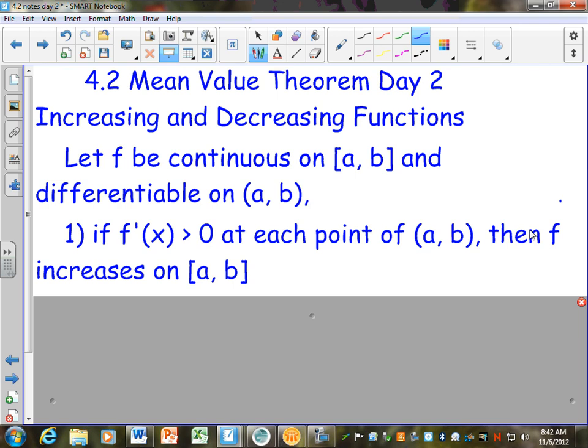It says, this is about increasing and decreasing functions. First thing: if the derivative is greater than 0, or if the derivative is always positive over a specific interval, then we know the function increases on that interval.